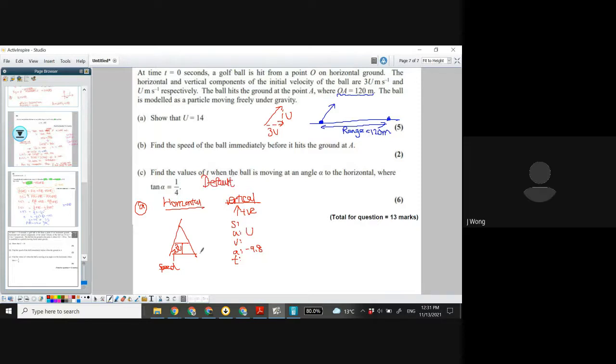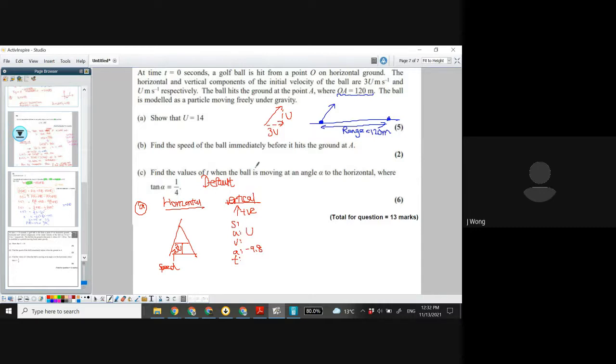You could use them safely across A, B, and C because these are initial conditions, and there's no change in acceleration, and no acceleration in the horizontal direction. Therefore, these are always true.